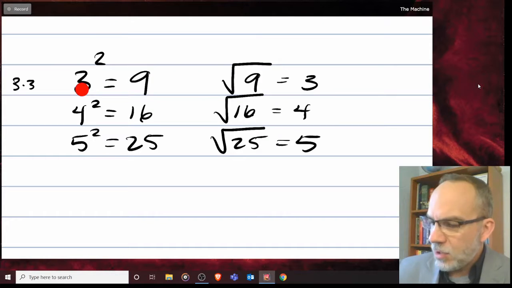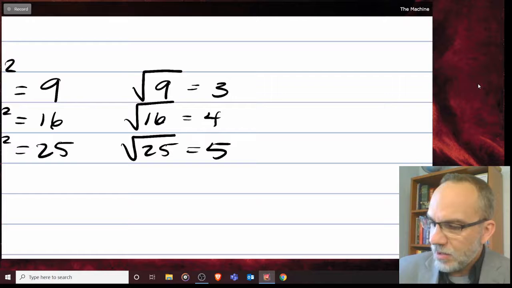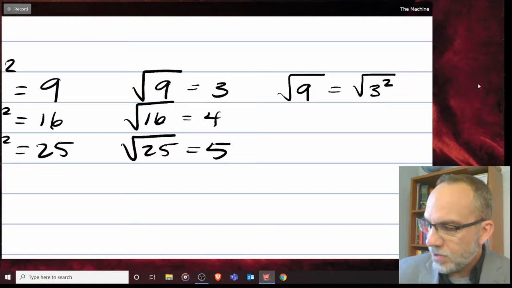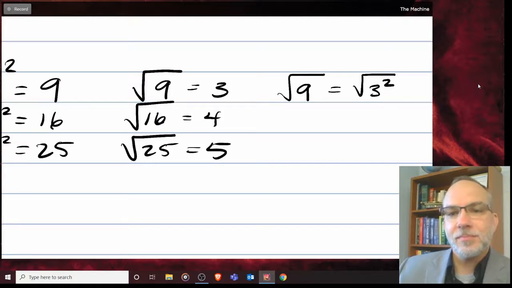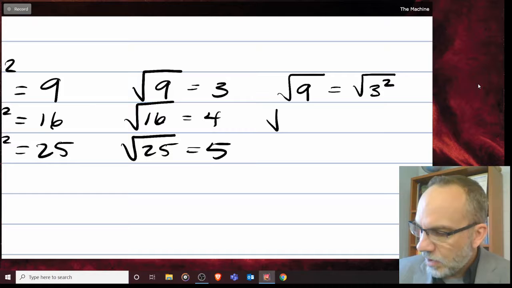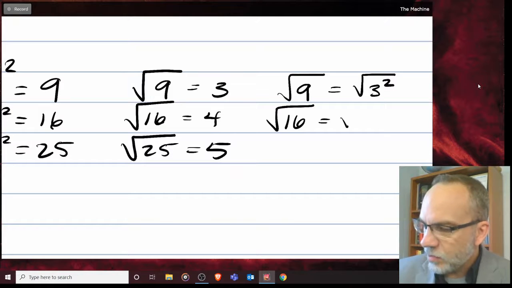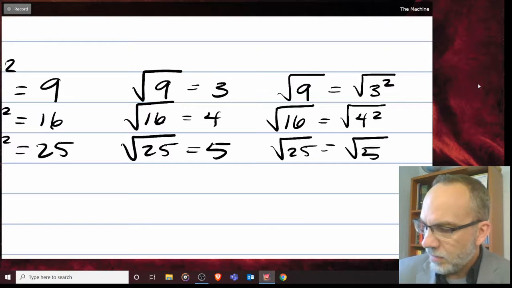And in fact, you could think about it like this. You can think about the square root of 9 as equal to the square root of 3 squared, right? And so the square root of 16 is equal to the square root of 4 squared. And the square root of 25 is equal to the square root of 5 squared.